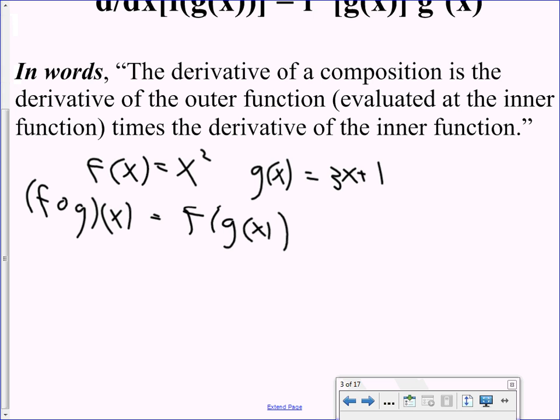And this is a composition of functions, and it means take g of x, which is 3x plus 1, and plug it into your function f. This would give you 3x plus 1 squared. So instead of just taking a function of x, you actually plug one function into another. And this is what we're going to use the chain rule to differentiate.